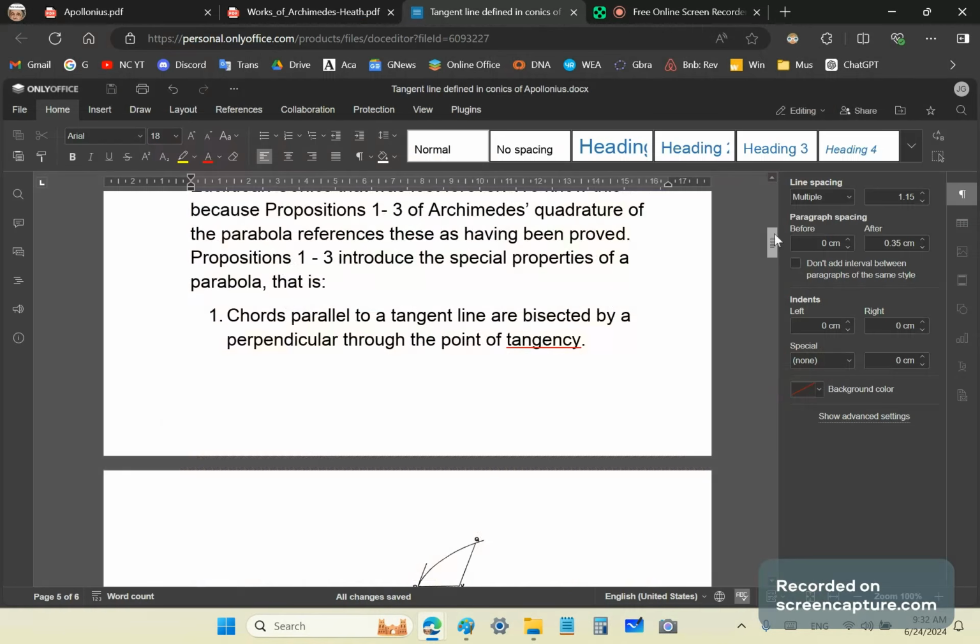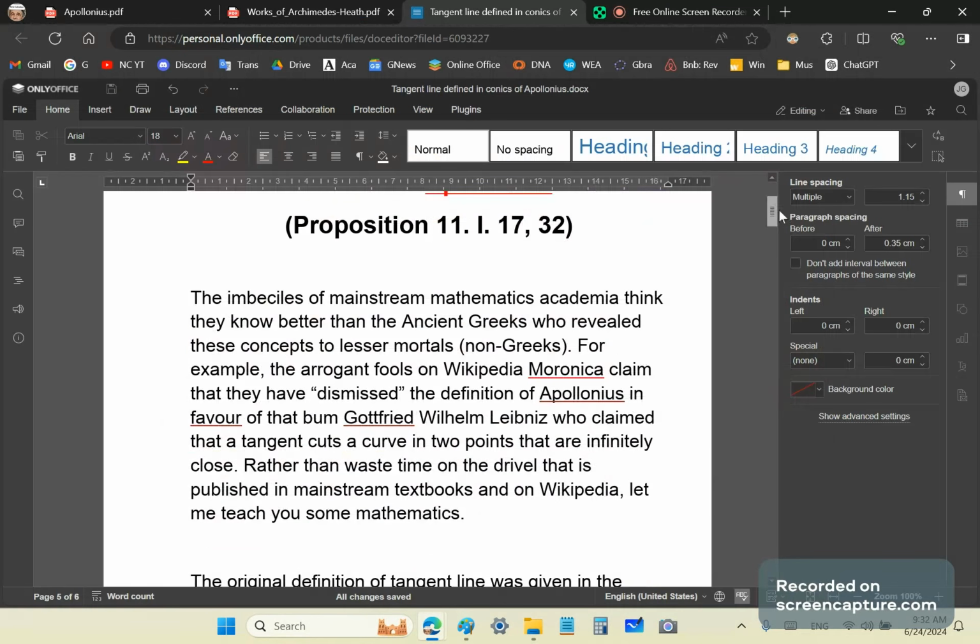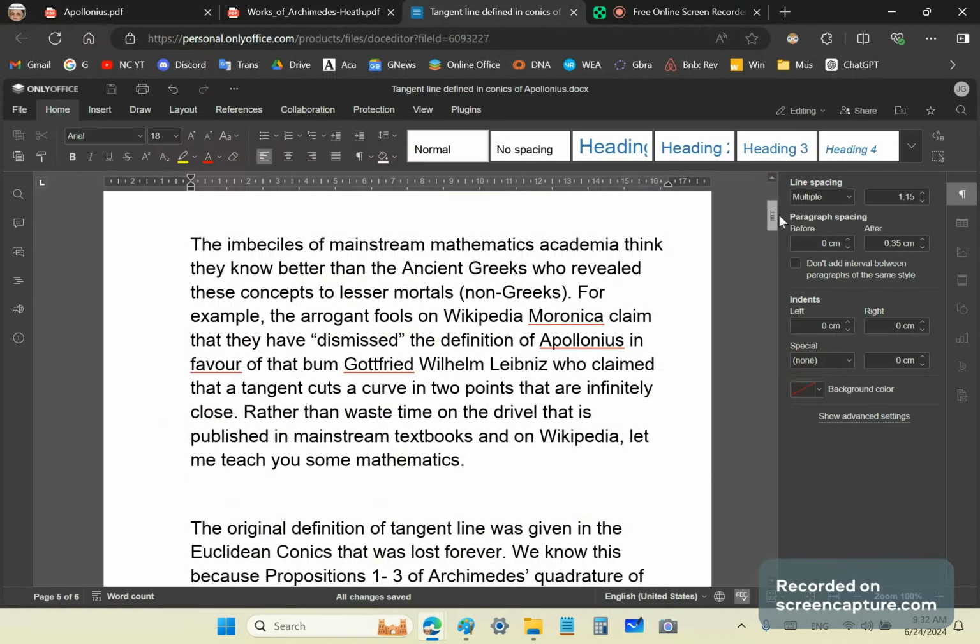Now, if we go to this article, which I shall place a link to on academia.edu, it's interesting to understand that Gottfried Leibniz decided that a tangent cuts a curve in 2 points, infinitely close, which is just absolute drivel, and tried to redefine this important concept of the tangent line in terms of mainstream mathematics academia, which is the understanding that every number corresponds to a point on a number line.